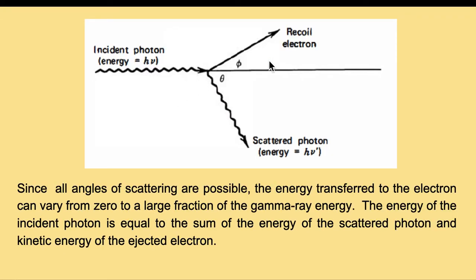This one, a direct hit, your electron will travel directly. That means this φ will be equal to 0. And sometimes you can say that there is a relation where this angle will be equal to 90 degrees. That is sometimes mentioned.